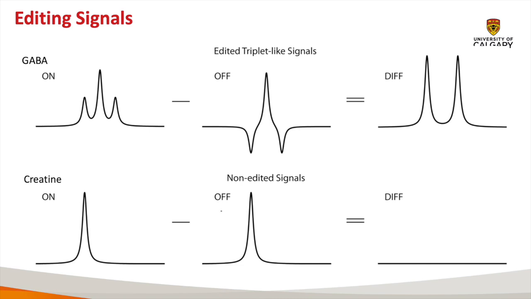In the other half of the experiment, the off subspectrum, we don't apply that editing pulse to refocus the GABA peak, and so the coupling evolves, and so the off subspectrum looks like this for GABA at 3 ppm. So when we take the difference, we're able to resolve a GABA spectrum. Creatine, as I said, isn't affected by that frequency-selective editing pulse. So the on and the off subspectra look the same. So in the difference, creatine subtracts away.